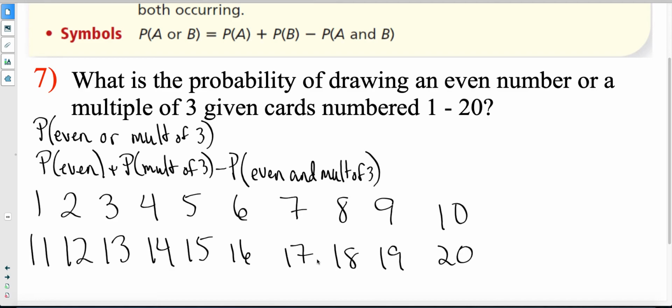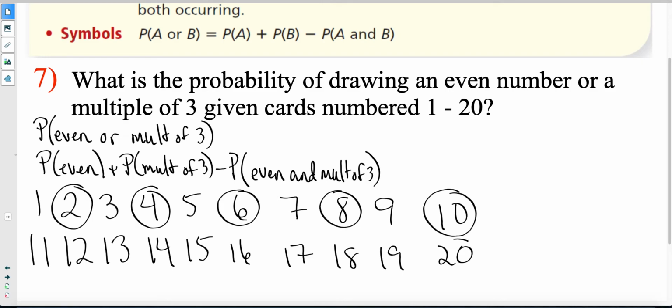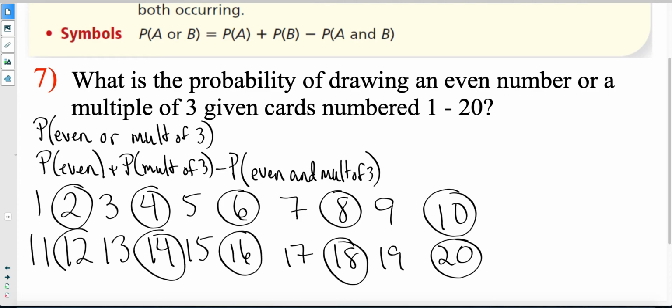Okay, so let's circle all the even numbers here so we can kind of get a good idea. So we got 2, 4, 6, 8, 10. Let's go backwards. We got 20, 18, 16, 14, 12. So out of the 20 numbers, we have 10 evens. So probability of getting an even number is 10 out of 20.